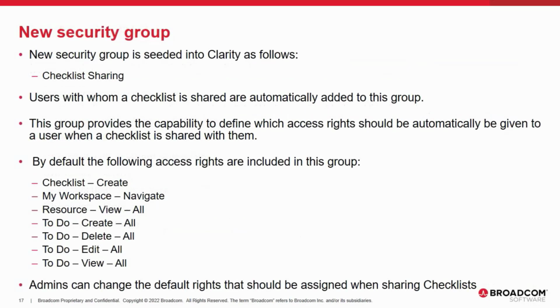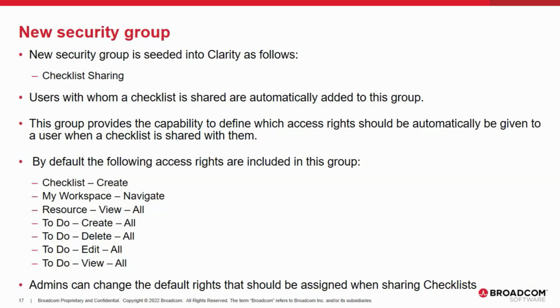There is also a new security group that is going to be seeded into Clarity. Upon upgrade, the end users will see a new user group called checklist sharing. This would be a system-defined group that cannot be deleted. However, the security rights within this group can be modified by the administrators.